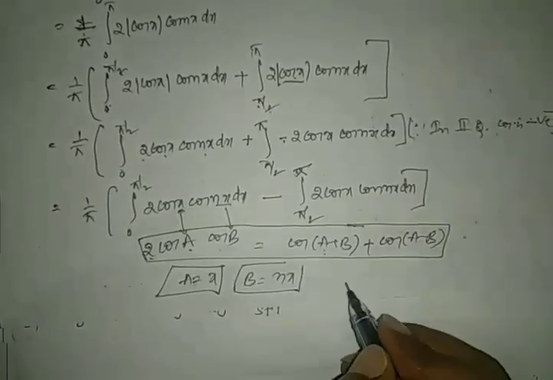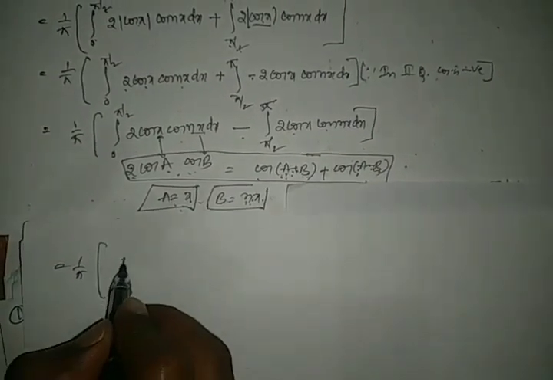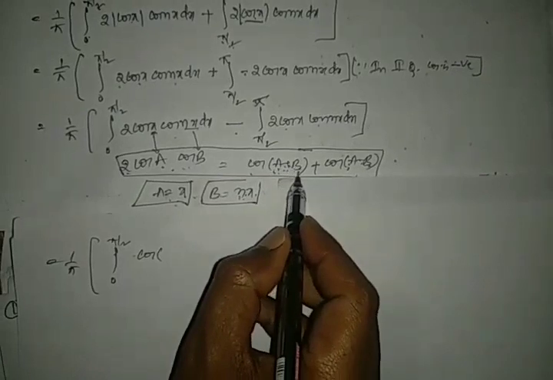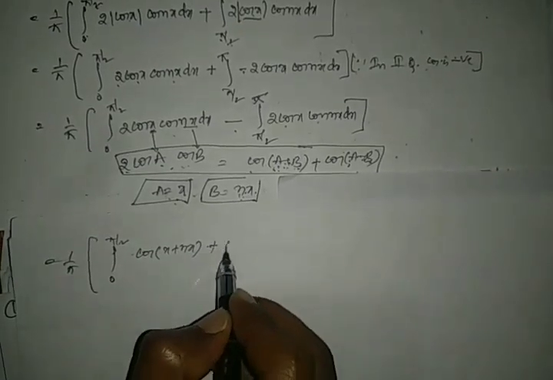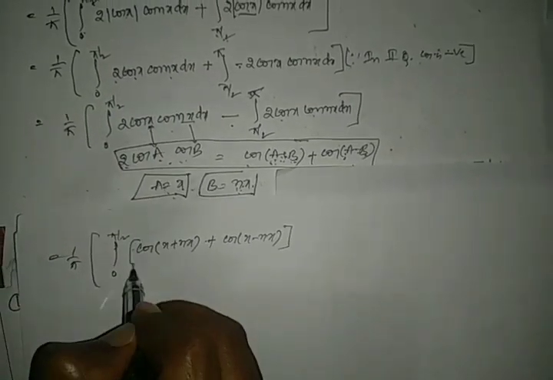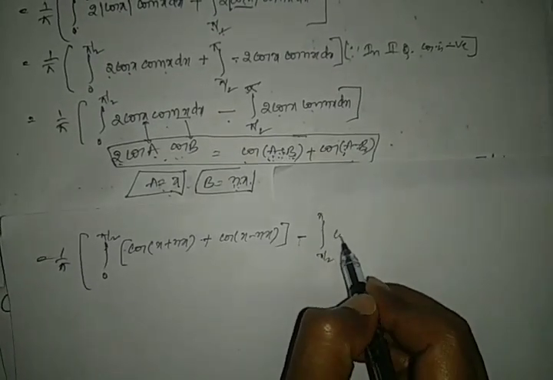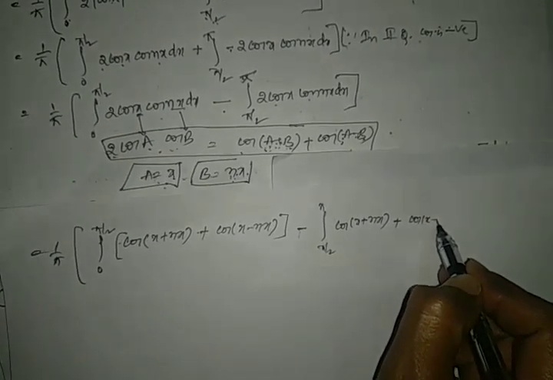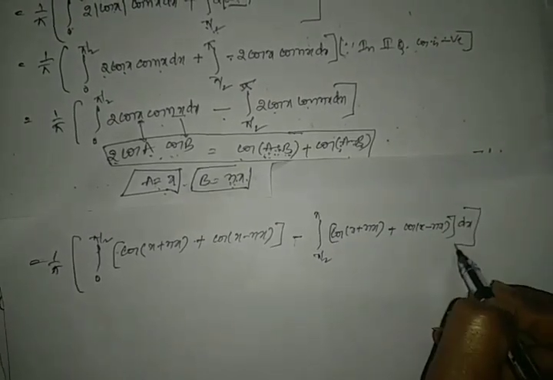Substitute the values in the formula, that is equal to 1 by pi whole into integral 0 to pi by 2 cos of A plus B, that is x plus nx, plus cos of x minus nx, this is the first one, minus integral pi by 2 to pi cos of x plus nx plus cos of x minus nx into dx, this is the second one.